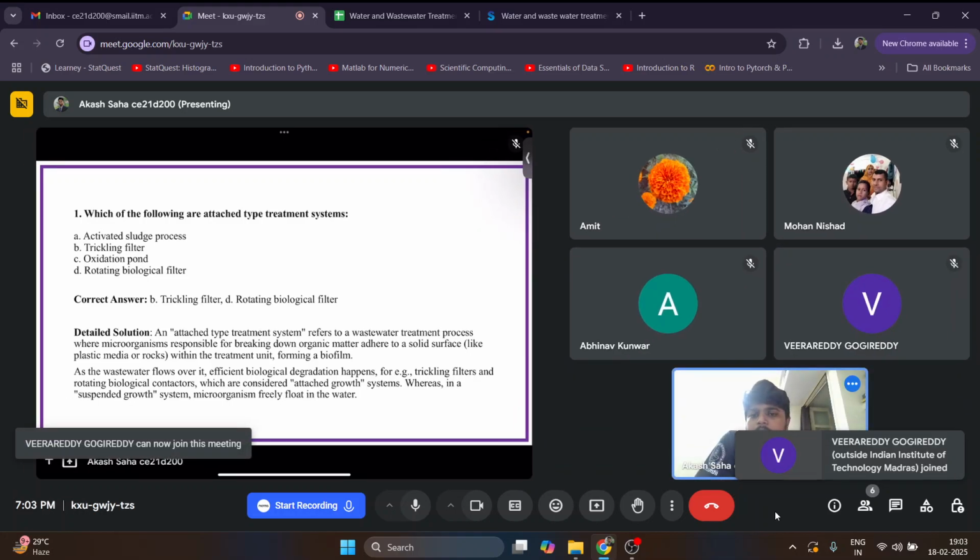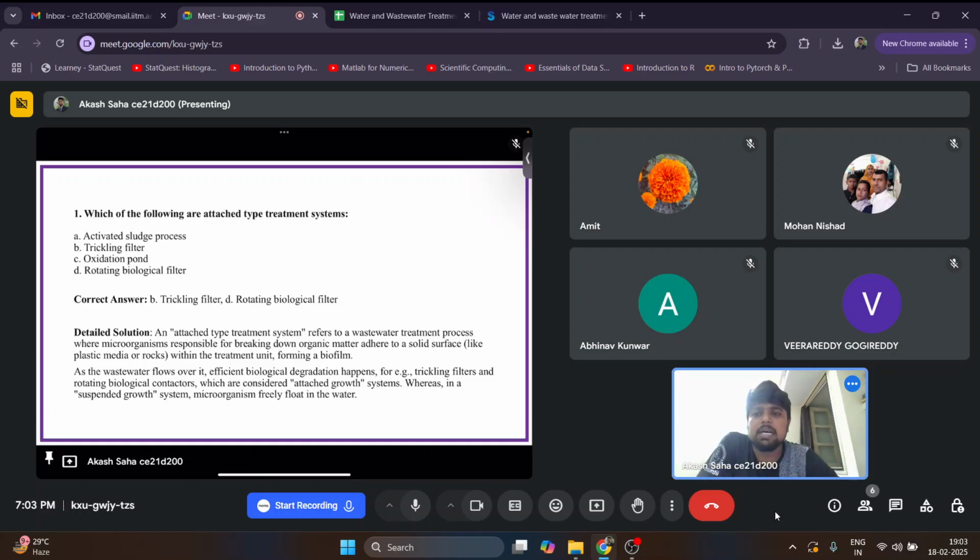Can someone tell me which will be more efficient, an attached type or a suspended type? Which will be better in BOD or COD degradation? Can we guess, if all the parameters are kept constant, which one can be more efficient, and the reason?